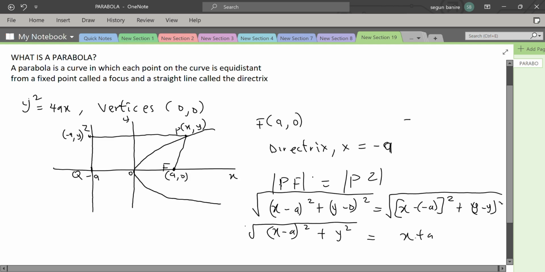So this will be x plus a squared. This root will cancel this root if you square both sides. So we have this now plus y squared equals x plus a squared.